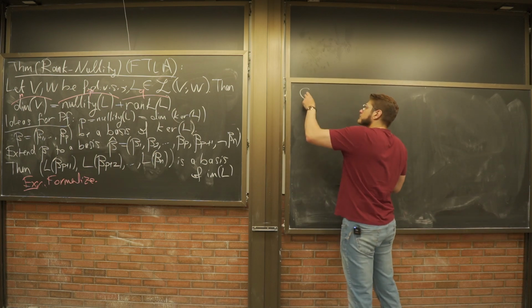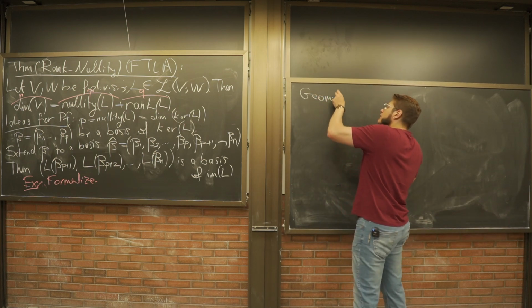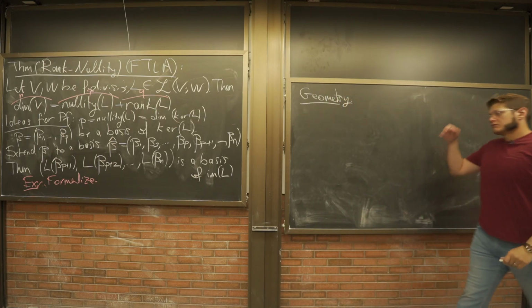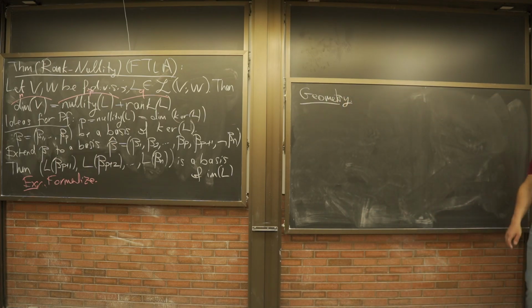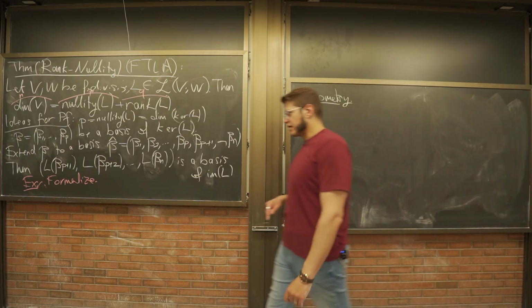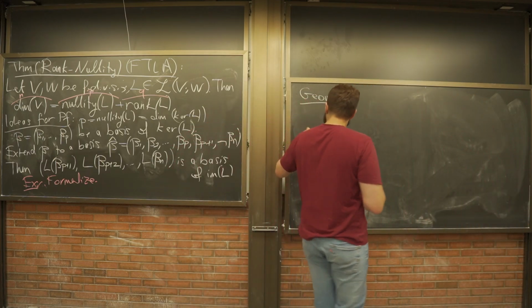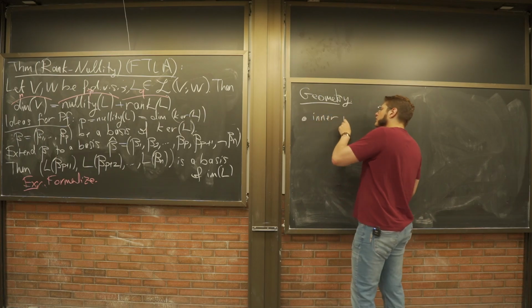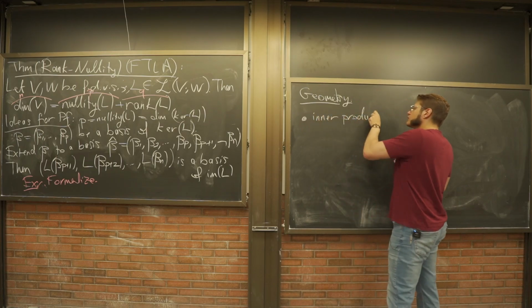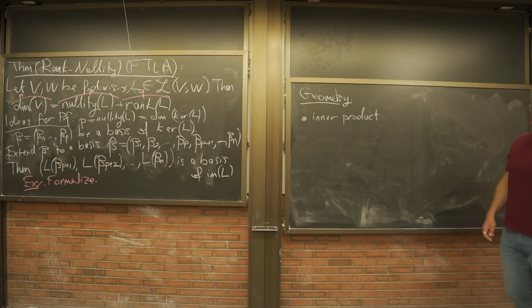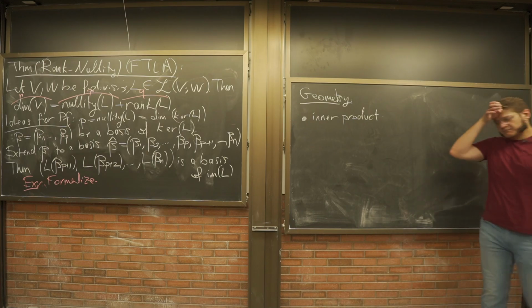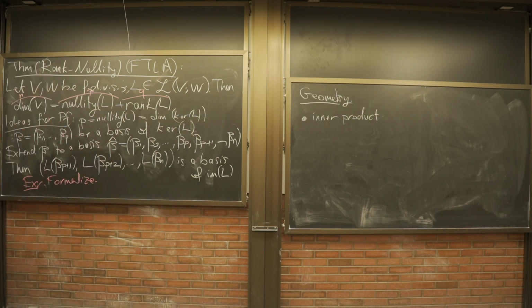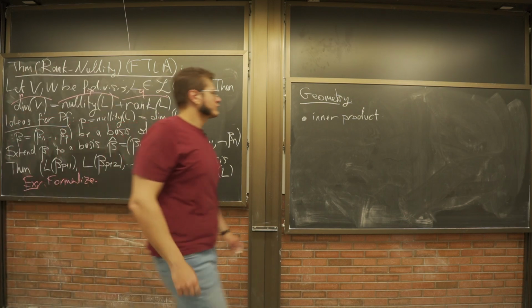So we're going to have three things. One of them is called the inner product. You're familiar with this, perhaps under the name of dot product.